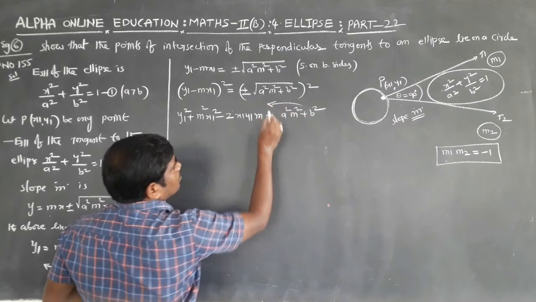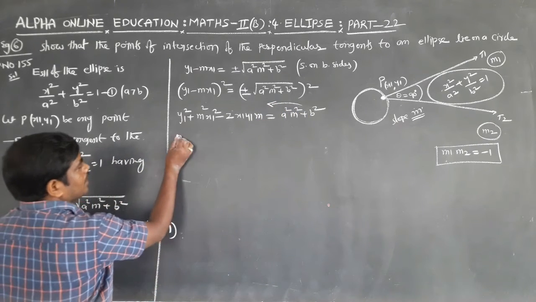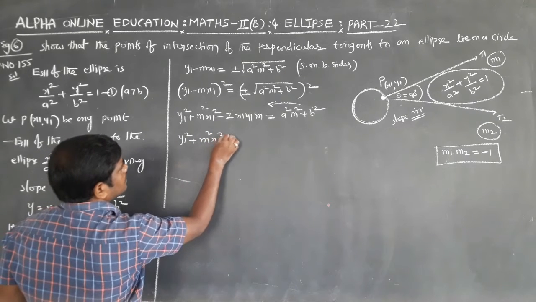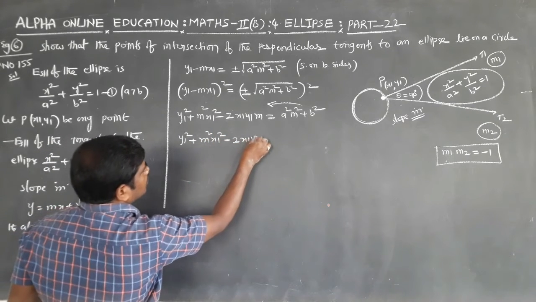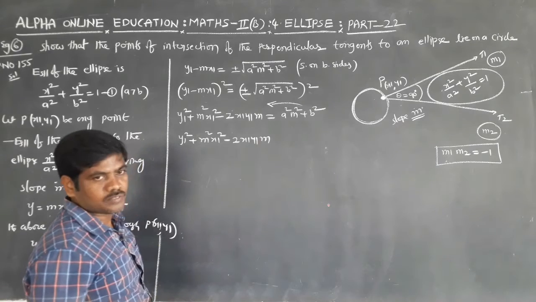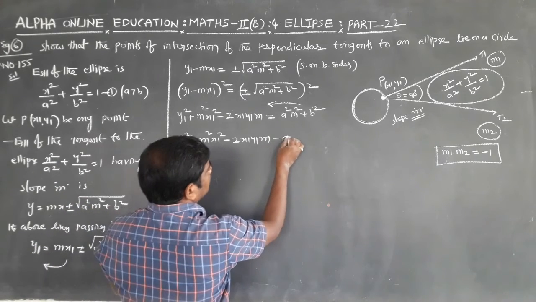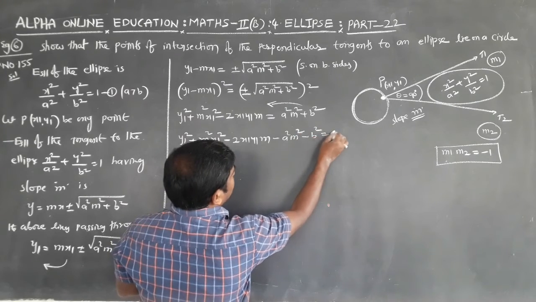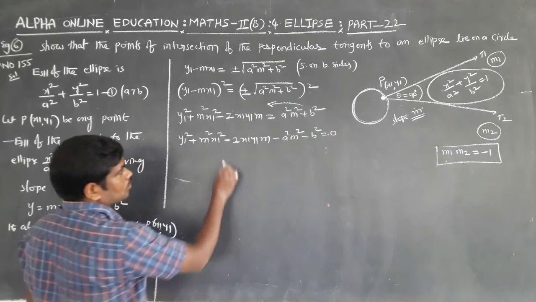Taking a square m square plus b square to the left side: y1 square plus m square x1 square minus 2x1 y1 m minus a square m square minus b square equal to 0.